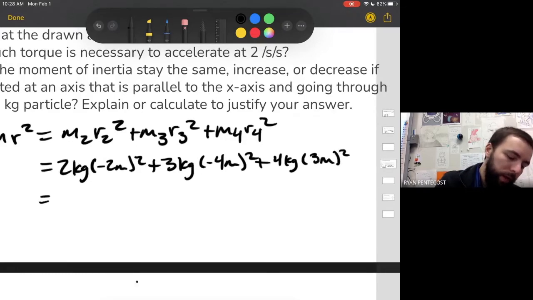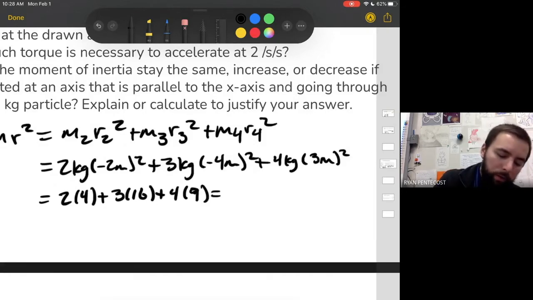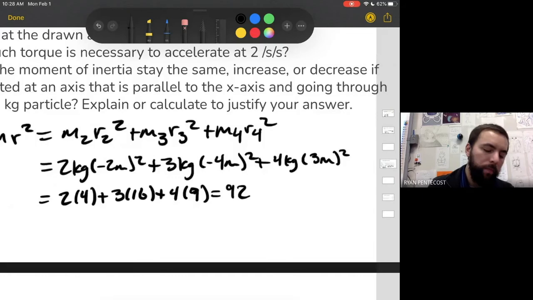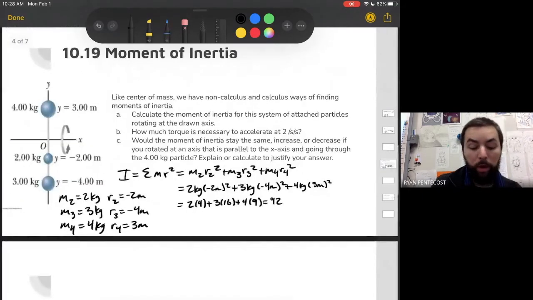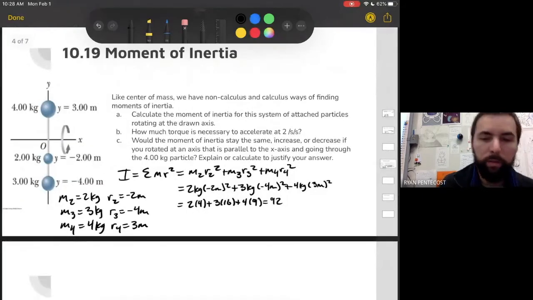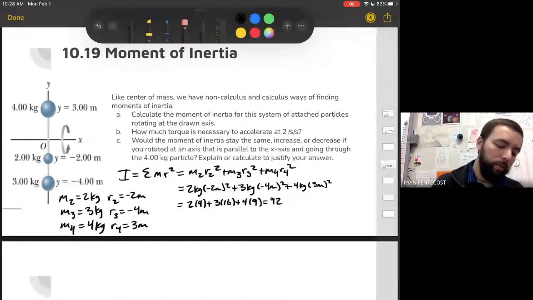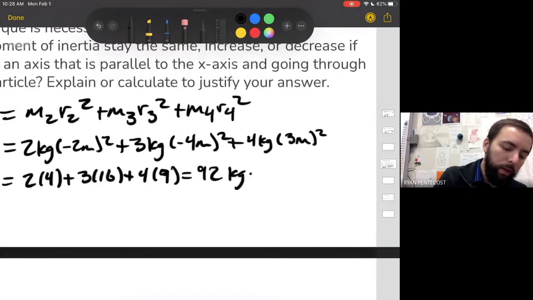So here we've got, what is that? 2 times 4 plus 3 times 16 plus 4 times 9. And that should come out to 92 if you put that in your calculator, or if you just know those numbers. 3 times 16 might be a little bit harder, but 92. Okay? Now, what is the unit that we're using for all of this, right? So we're taking kilograms and squaring meters, so this is 92 kilogram meters squared.